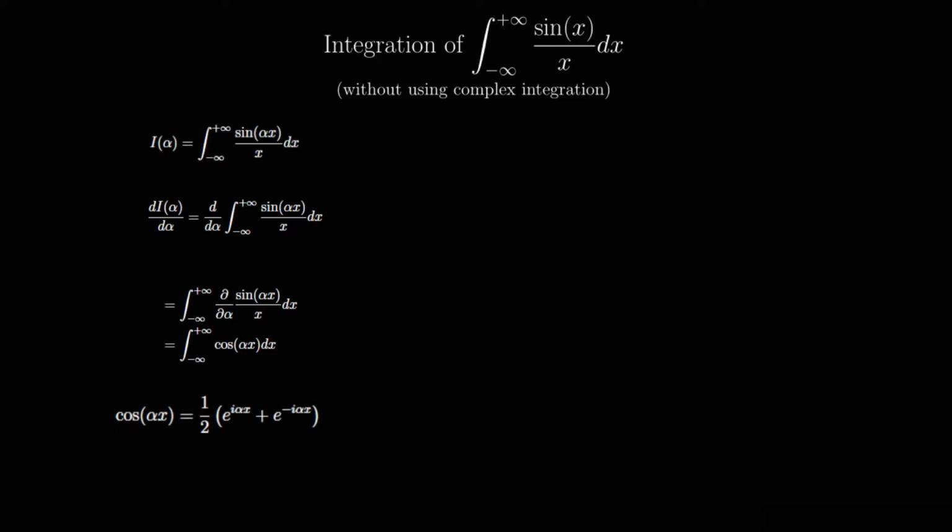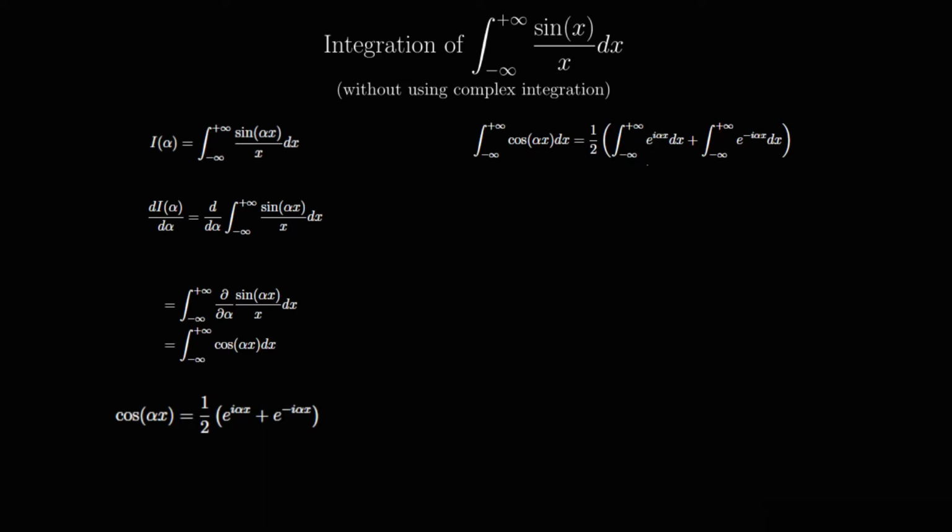The integral from minus infinity to plus infinity with respect to x of cos of alpha x can be written as 1/2 the sum of the integral of e^(i alpha x) from minus infinity to plus infinity plus the integral from minus infinity to plus infinity of e^(minus i alpha x).